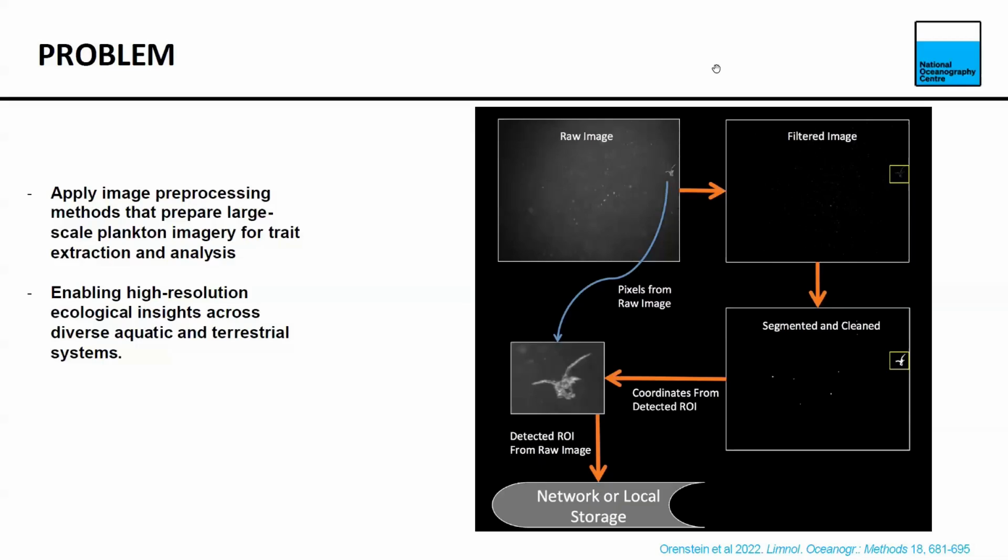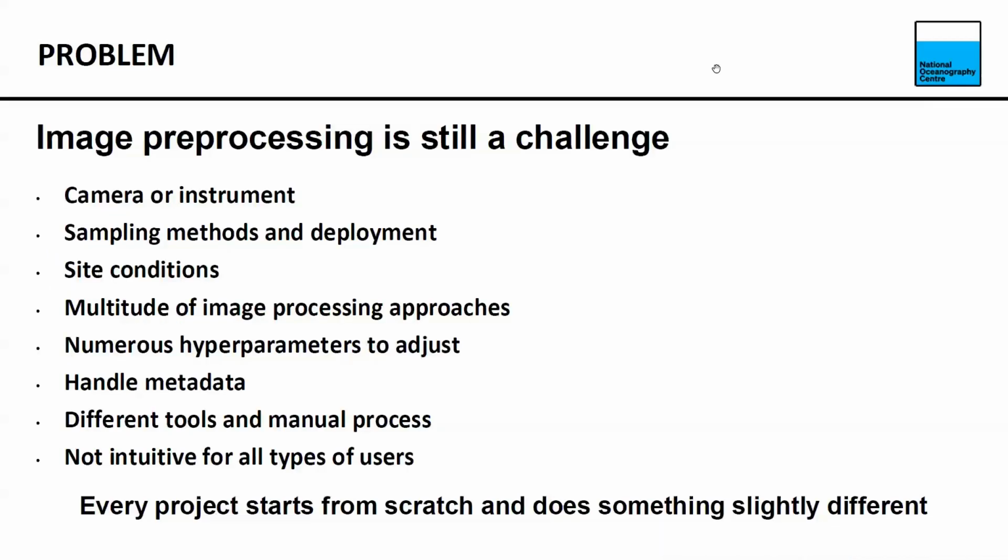They took raw images, filtered and cleaned them, detected organisms in the images, and then stored the outputs in network or local storage. As you can see, these two papers do similar things, but in different ways.